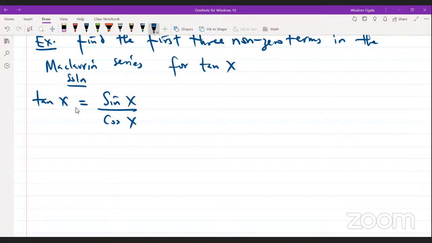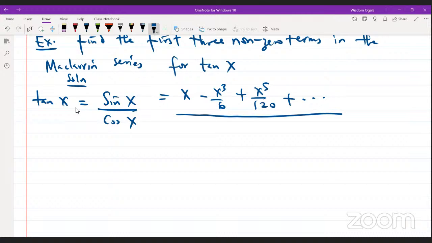We do know the Maclaurin series for sine already. It is x minus x cubed over 6 plus x to the 5th over 120, on and on. Then you divide the whole thing by the Maclaurin series for cosine.